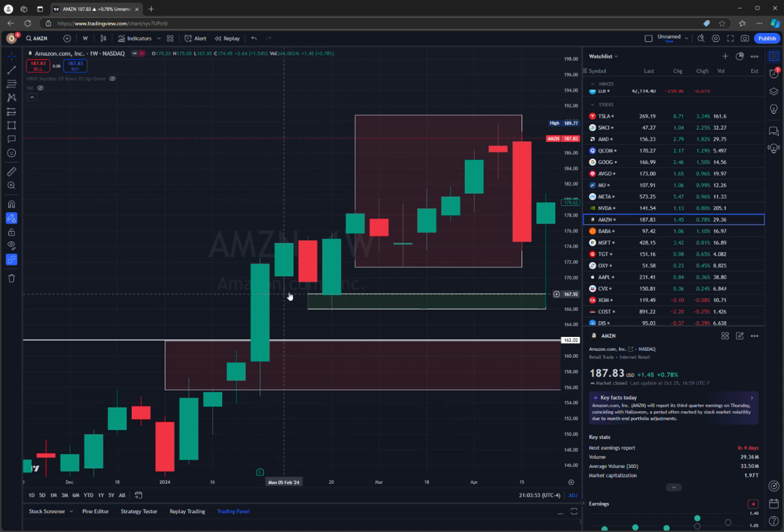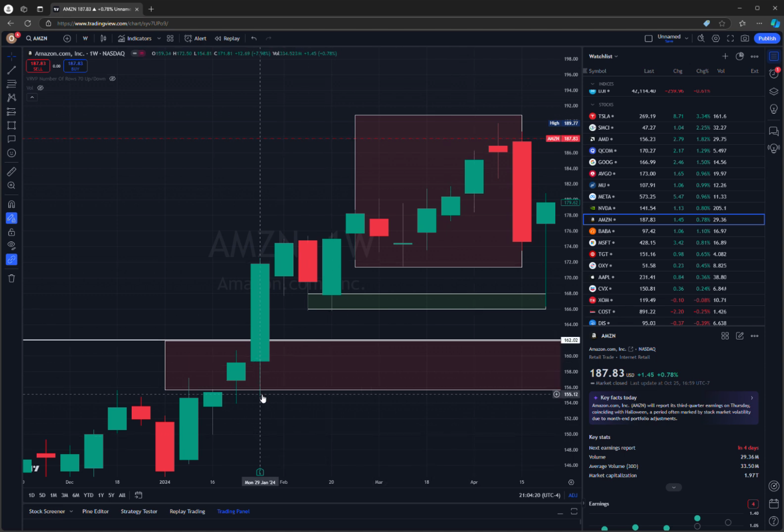Now, clarify base to wick. It's just the base of the candle to the tip of the wick. That's it. On both the supply and the demand side. Base to wick. Like how I have this green box here. So like this is an origin of this impulsive move, right?